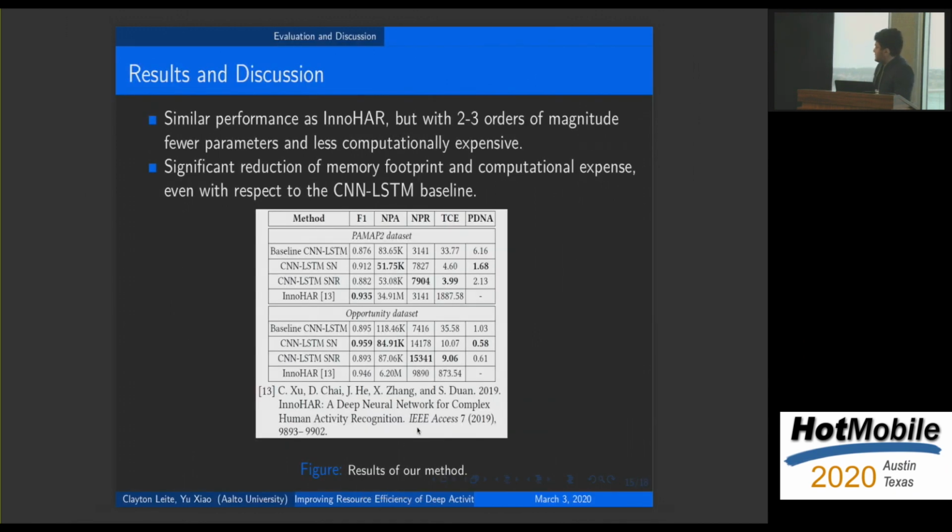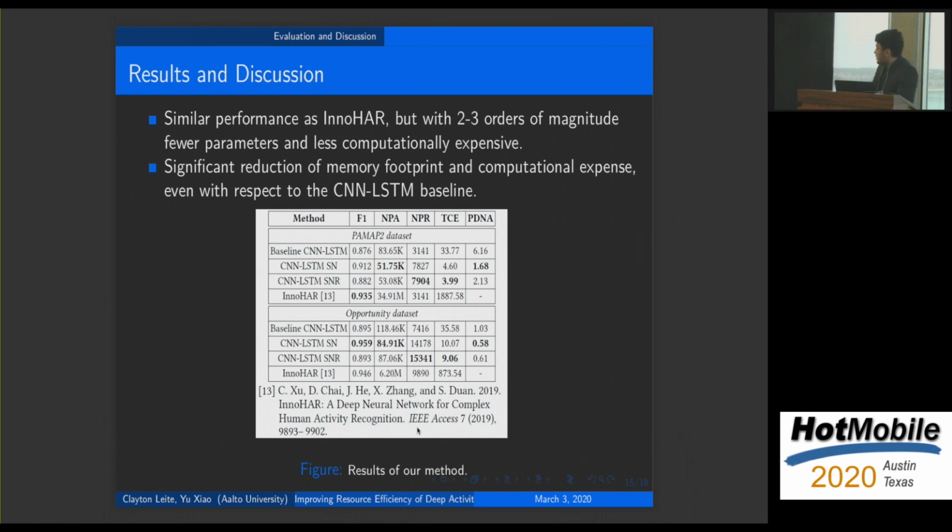We have first the baseline CNN LSTM that uses long sliding windows with overlapping. Then we have CNN LSTM with short non-overlapping sliding windows, second one. The third one, CNN LSTM with short non-overlapping sliding windows utilizing raw features for detecting long-lasting activities.